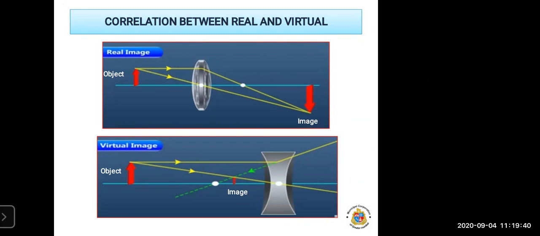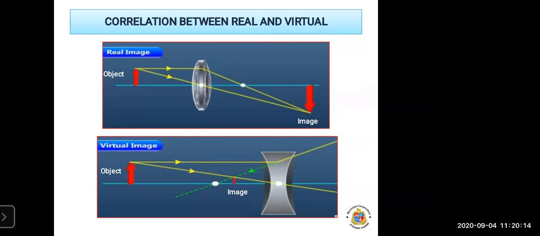So in the first diagram, the two refracted rays intersect at one point and form the image. This image is on the opposite side of the object, right? So the image is inverted. When an image is formed like this, it is called a real image, and this image always forms on a screen. Okay, it appears on a screen.